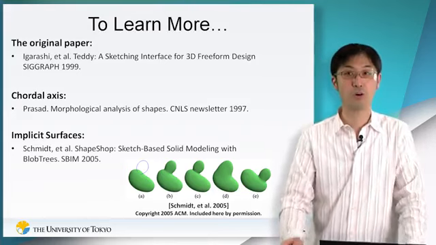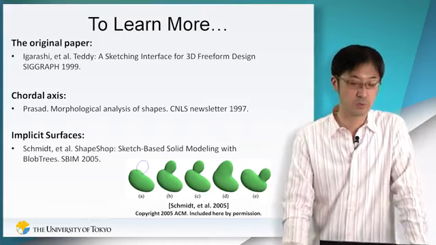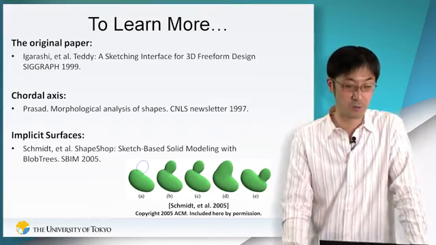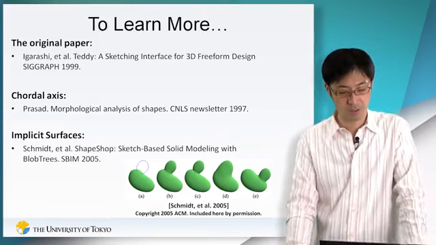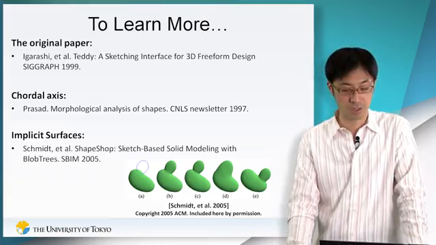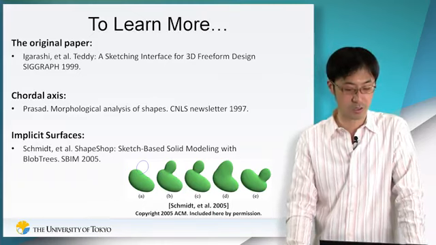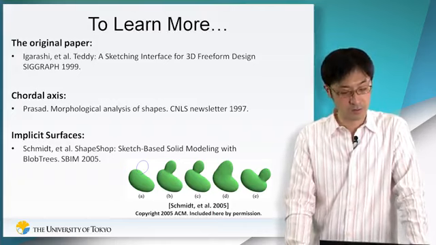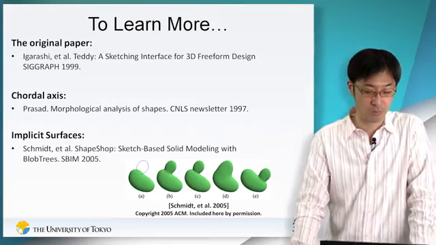We introduced a polygonal mesh-based inflation algorithm, but another possible approach is using implicit surfaces. It automatically generates smooth shapes like this one, so it generates smooth connections, and the user can also change the configuration later. This one is called ShapeShop and was published in 2005. I think the application is also available, so I recommend you try it too.